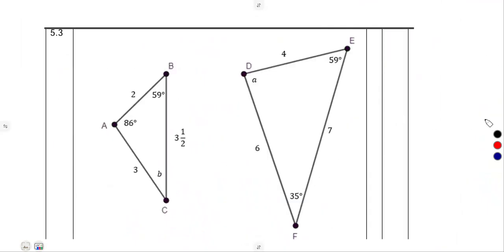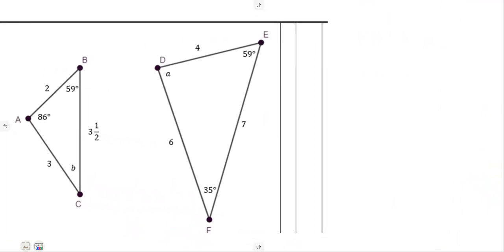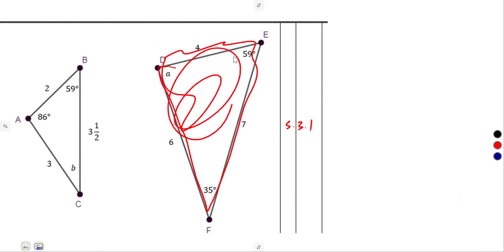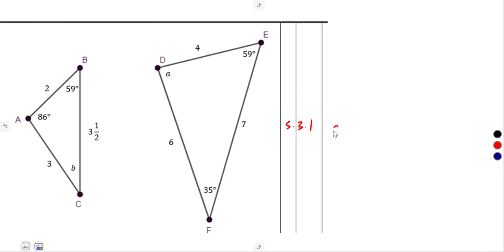Calculate A and B. For 5.31, we can calculate angle A from triangle DEF. Angles inside a triangle add up to 180. As you can see, there are two angles that we're given.